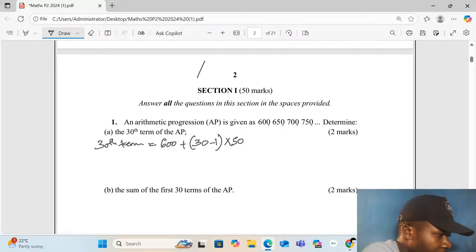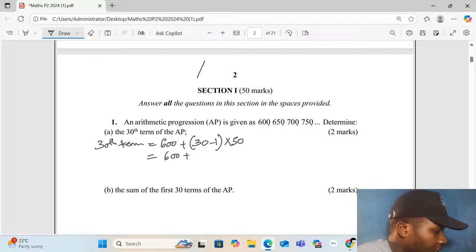Now this will give us 600 plus 30 minus 1, that is 29, times 50.